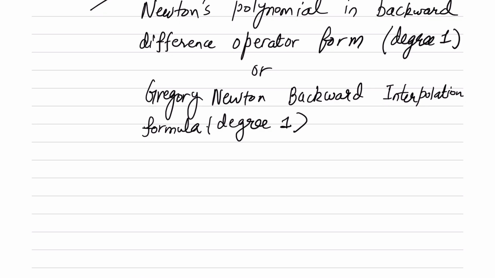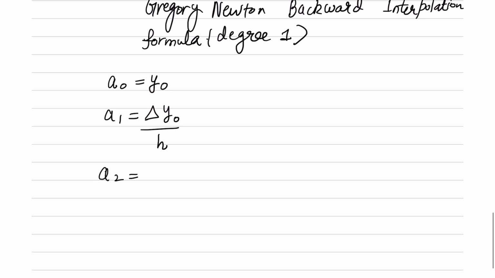Now let's make the comparison with the forward difference operator polynomial coefficients. If you can recall, in the forward difference Newton's polynomial, or Gregory-Newton forward interpolation formula, a naught was y0, a1 was forward y0 over h, a2 was forward square y0 over h square 2 factorial. This was for forward interpolation.